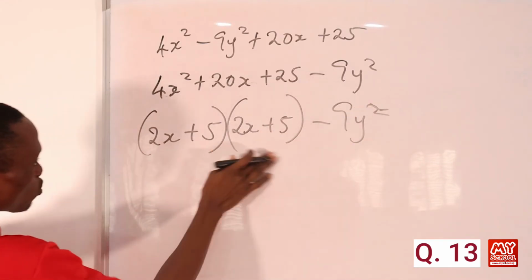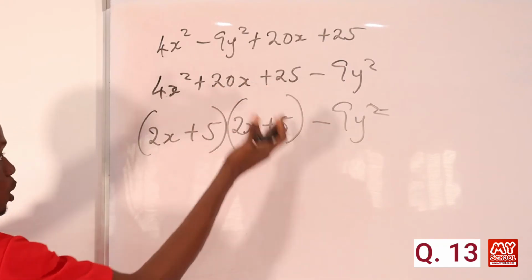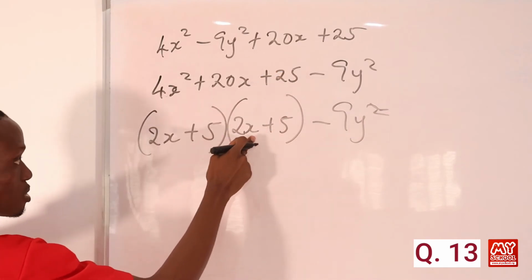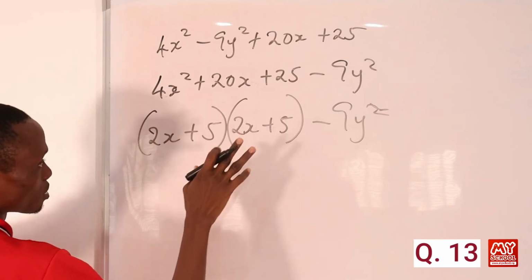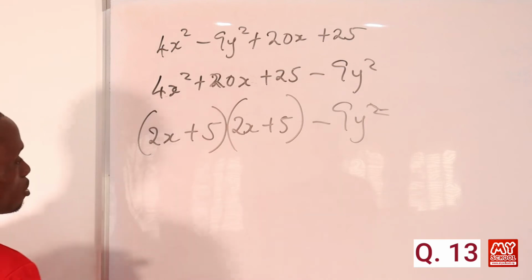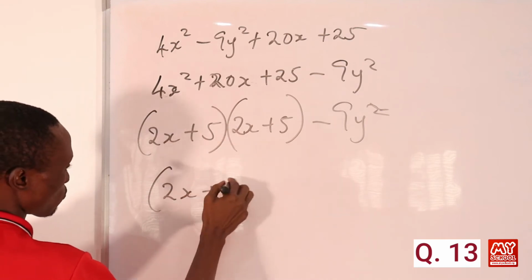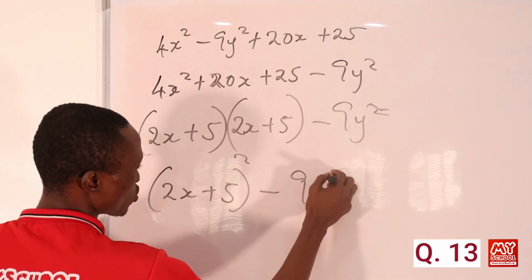If we expand what we have here, that will return us back to what we basically have here, because 5 times 5 gives us 25, and 5 times 2x gives us 10x, and that occurs twice, so at the end of the day we have 20x. So this is the same thing as 2x plus 5 raised to power 2, then minus 9y squared.